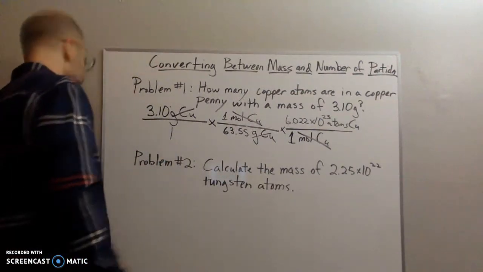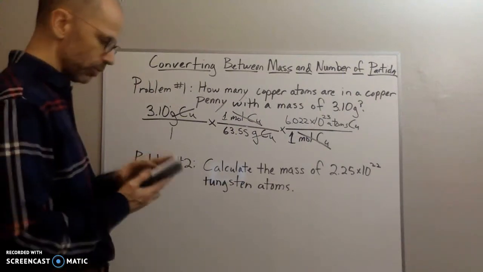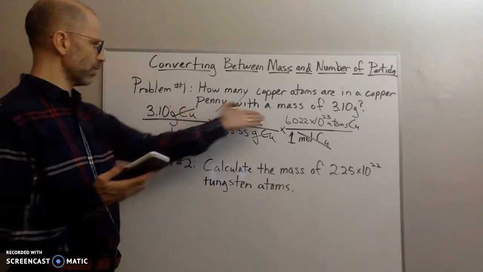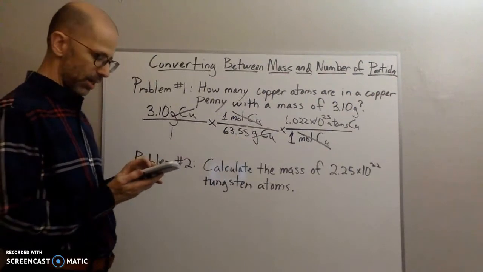So I grab my calculator and I'm going to multiply and divide. I'm going to multiply across the top, divide by the bottom.